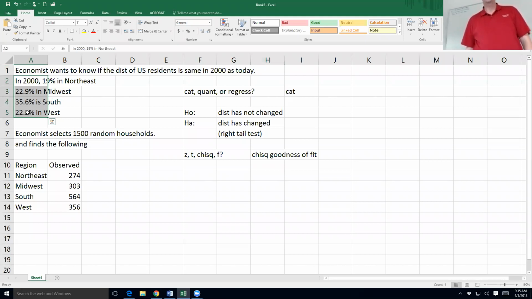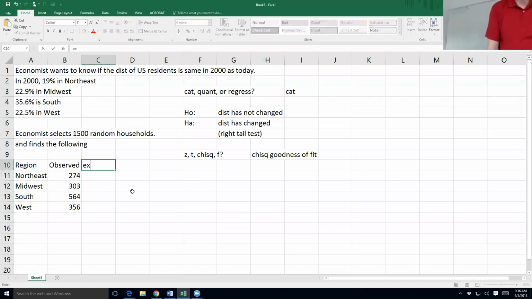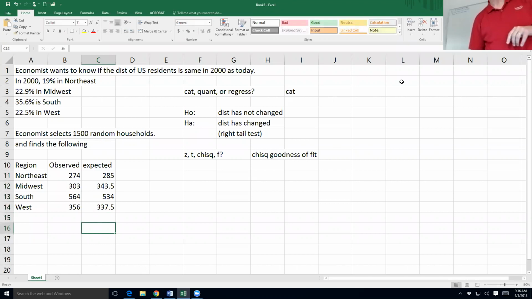Notice these are in percents, these are in raw numbers. We're going to talk about the expected. If the distribution had not changed, what would you expect? You would expect 19% times 1,500 households, and 0.229 times 1,500, and 0.356 times 1,500, and 0.225 times 1,500, and hopefully that adds up to 1,500.